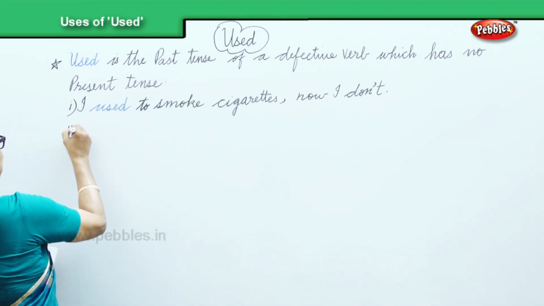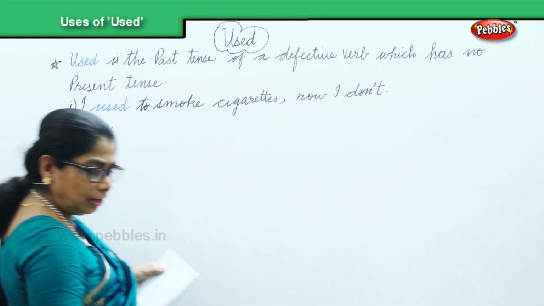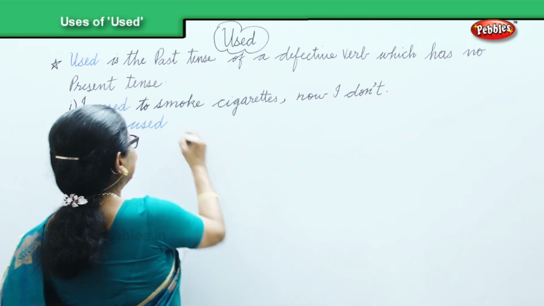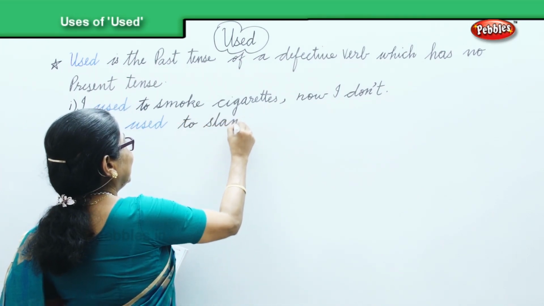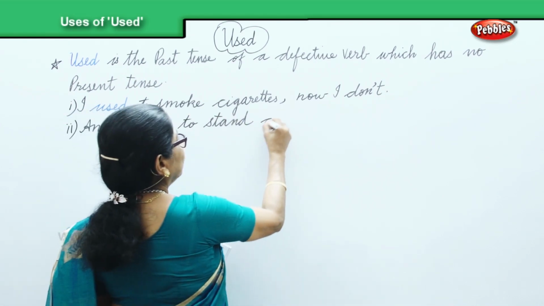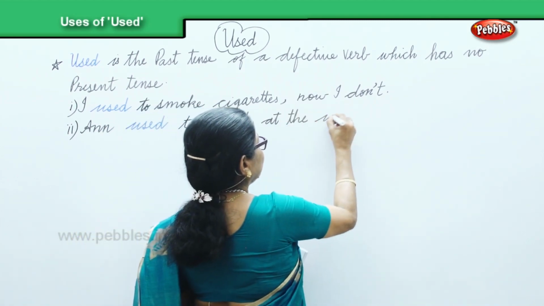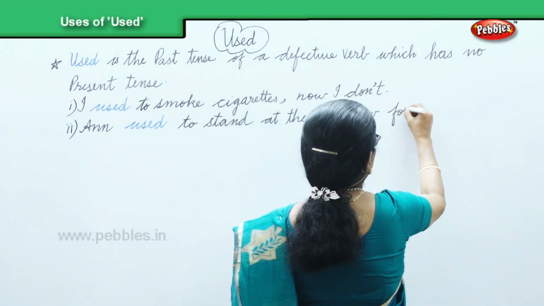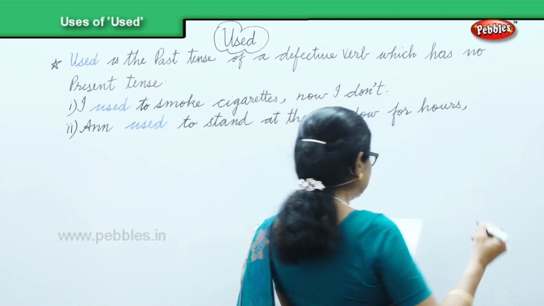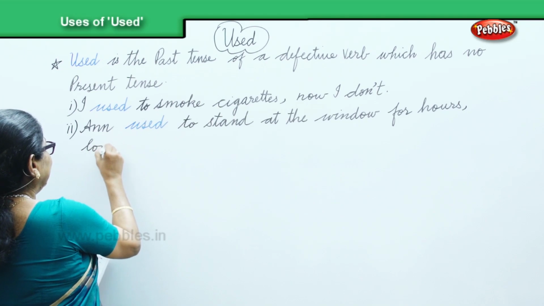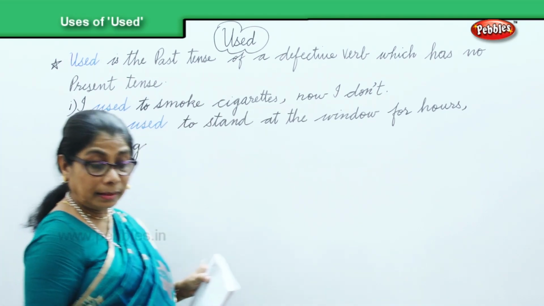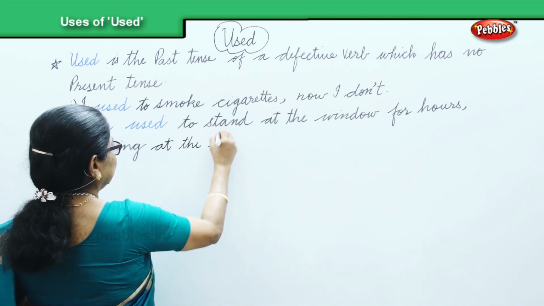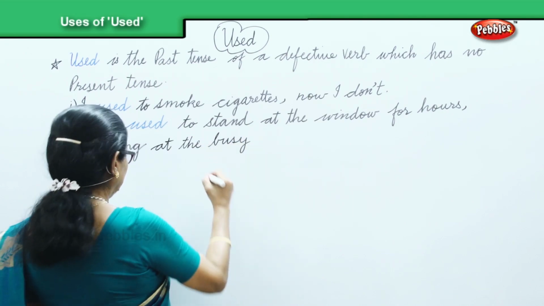Anne used to stand at the window. For hours. Looking at the busy road.